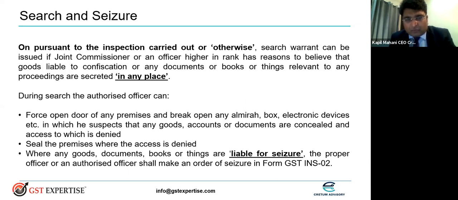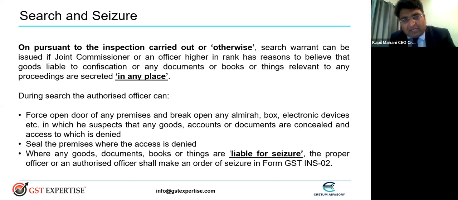And so you can very well see that search and seizure starts pursuant to the inspection carried out or otherwise.